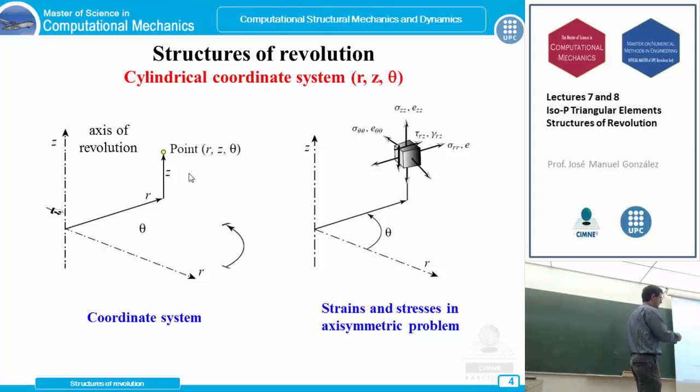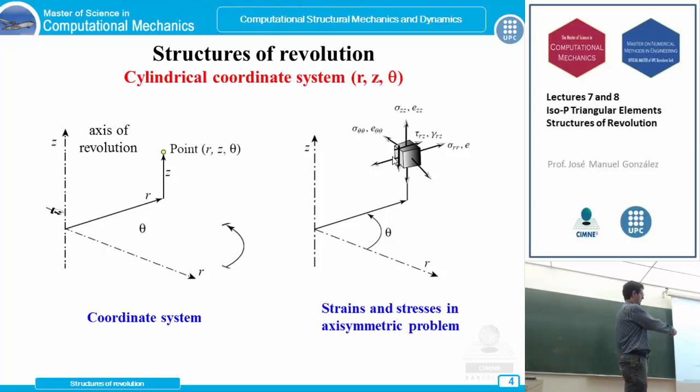So in our problem, these two distortions, the ones which involve the circumferential component, vanish, they are considered as 0, because we must respect this axisymmetric problem. So in the axisymmetric problem we will have these 4 components for stresses and strains. Remember that in plane stress and plane strain we had just 3.